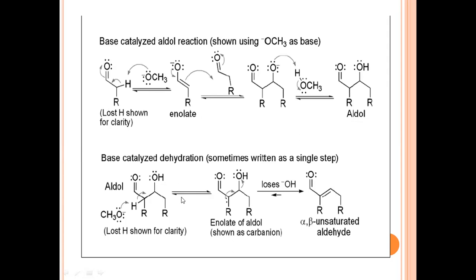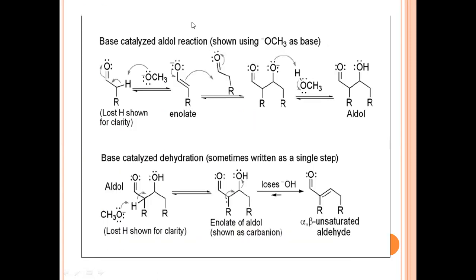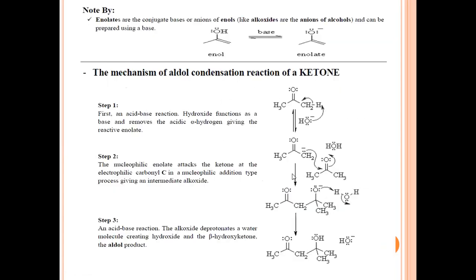Again, in the presence of a base, they will remove a water molecule to form the alpha beta unsaturated compound. So this is the mechanism of aldol condensation with respect to the aldehyde functional group, and the mechanism with respect to the ketone molecule.